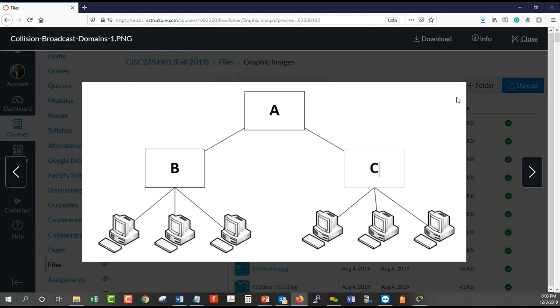A is a hub, and B and C are switches. So we're kind of reversing it a little bit. How many collision, how many broadcast?